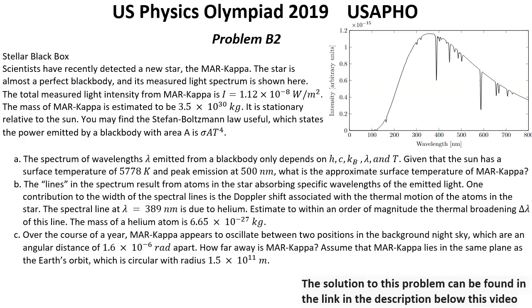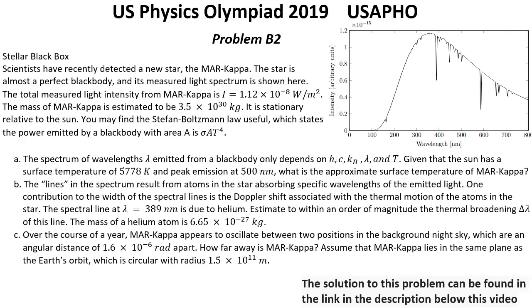Question C. Over the course of a year, MAR Kappa appears to oscillate between two positions in the background night sky, which are an angular distance 1.6 × 10^-6 radians apart.